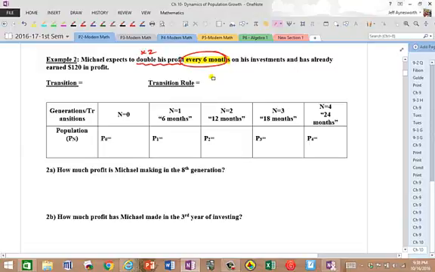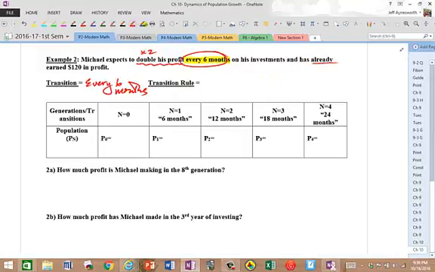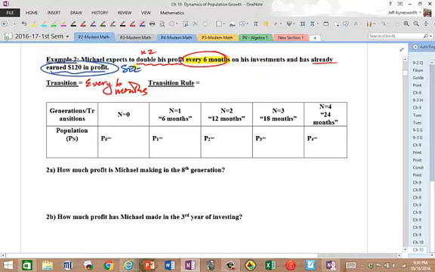Every 6 months. I'm just interpreting as I'm reading here. He wants to double his profit every 6 months on his investments. He has already earned $120 profit. If he already earned it, that becomes the seed. So the seed here in the beginning is the 120 bucks he's already earned.